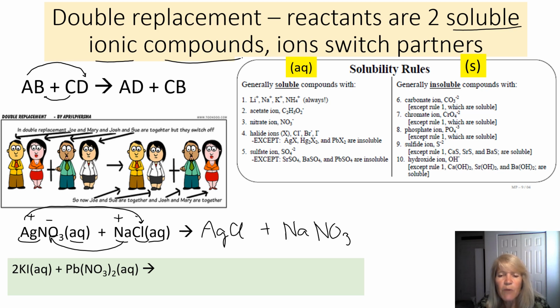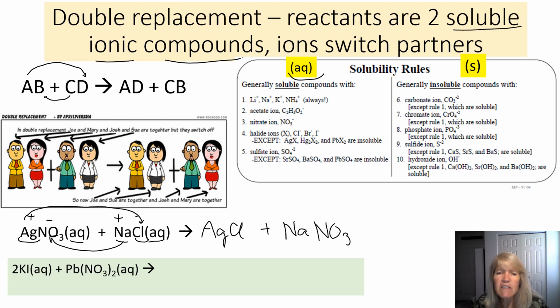The next thing, the way we know if there's a reaction or not, is based on the solubility rules. And these are also on your periodic table. So let's take a minute and look at these solubility rules. The first column, and I write AQ on that, these are the ones that are soluble.